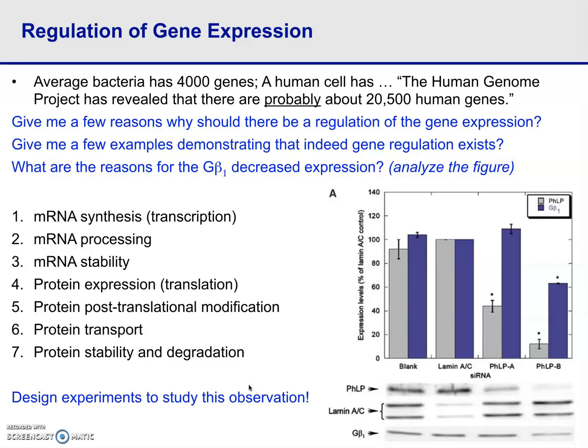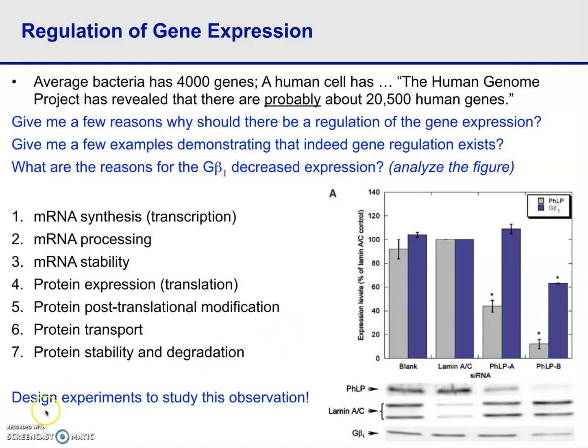Well, after checking all these different areas, we determined that the reason was with 4 and 5, protein expression and post-translational modification and assembly of the G protein heterodimer between G beta 1 and G gamma 1.